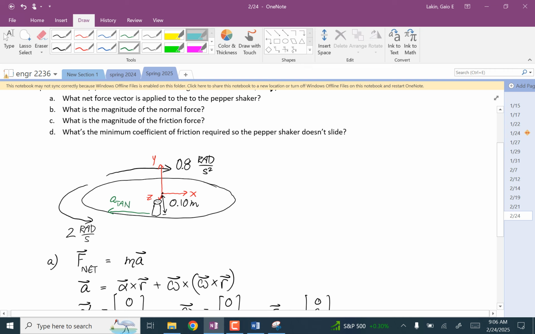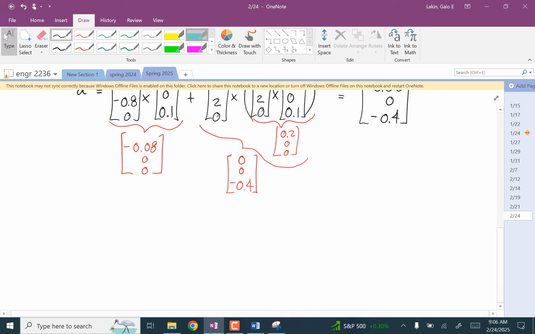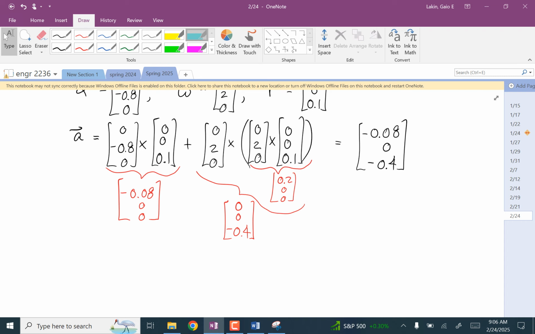That's the negative x direction. And we know that the centripetal acceleration is toward the center, so in the negative z. And that's what we have. Any questions about that?